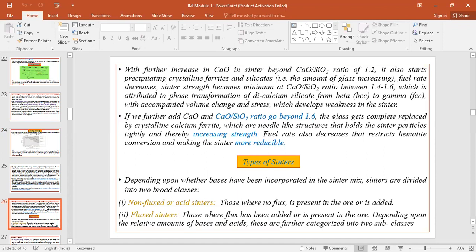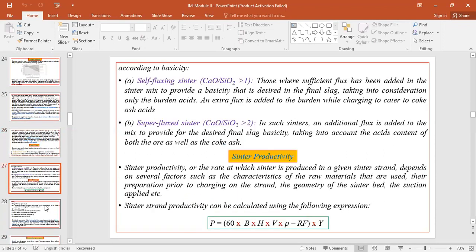And fluxed sinters are where flux has been added or to a certain extent is present in the ore. And these fluxed sinters are again further classified into two types: self-fluxed sinters and superfluxed sinters.